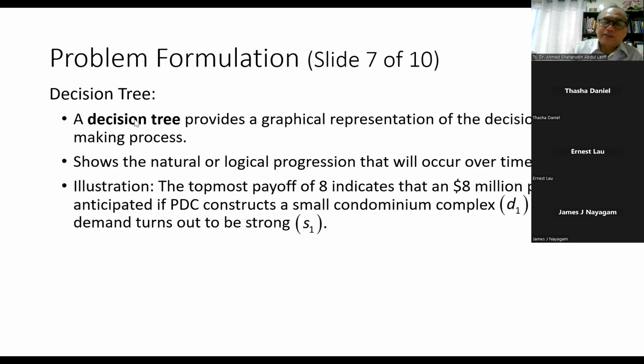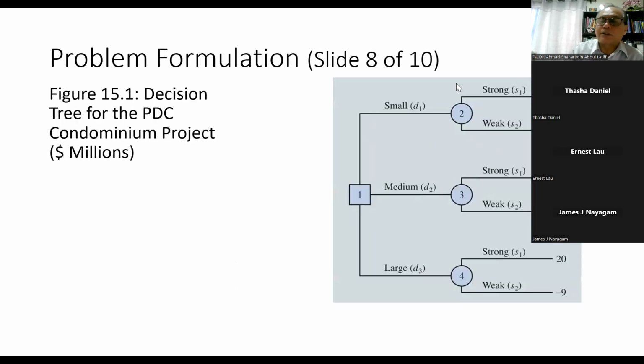You can build a decision tree. A decision tree is a graphical representation of the decision. It shows the natural or logical progression. So with the small project of 30 condominiums, strong demand gives 8, weak demand 7.